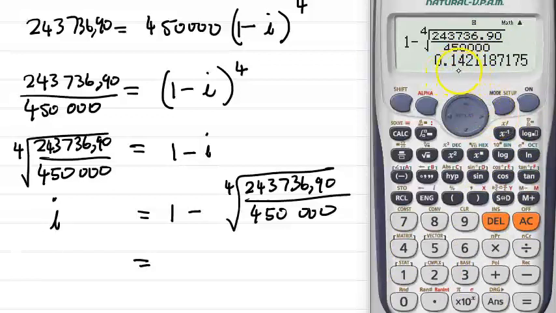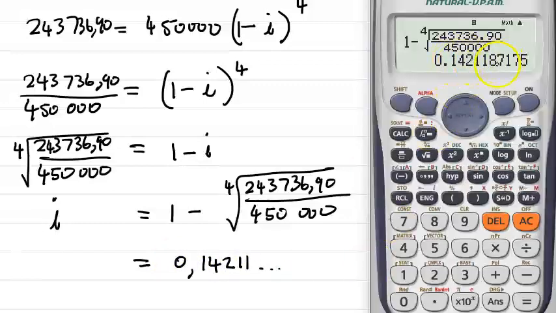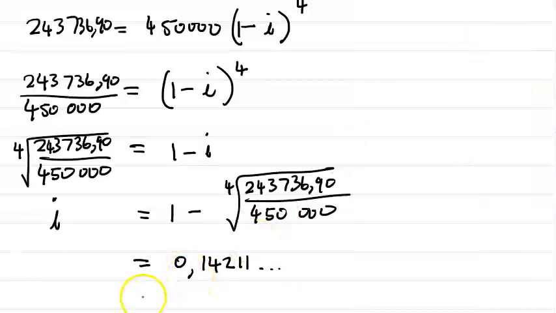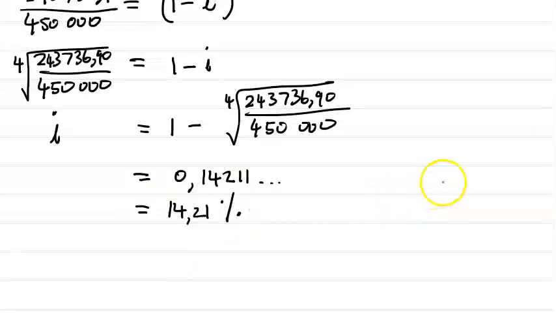As we can see, we got 0.14211. So in order for us to get a percentage, now we have to multiply this by 100. So it's times 100 equals 14.21%. And that should be our rate of depreciation.